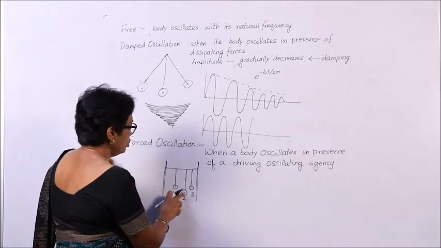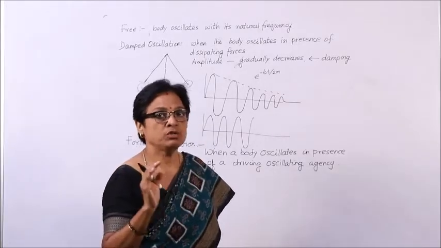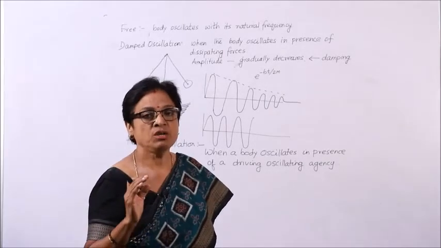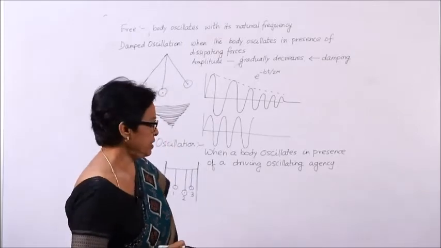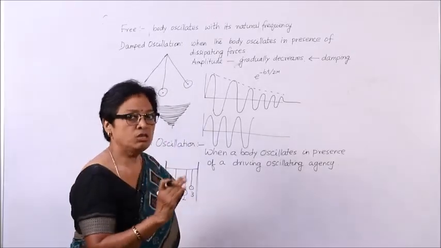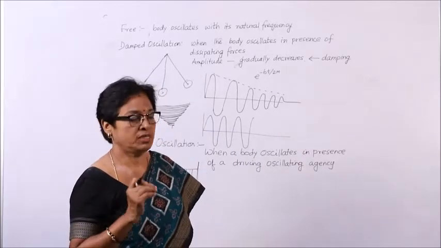Now, if I oscillate 2, only 2 will oscillate with its own time period. It has its own frequency, it will oscillate with its own time period. Now, see what about 3? 3 also will oscillate with its own time period if you measure that.